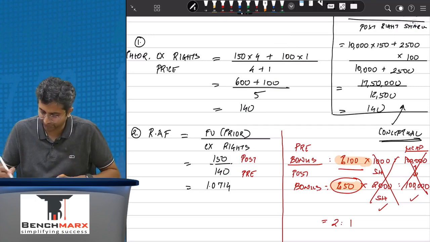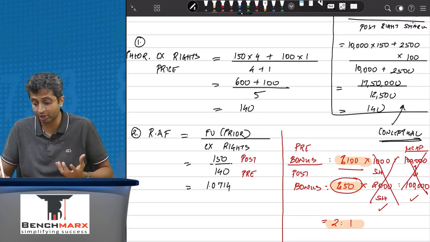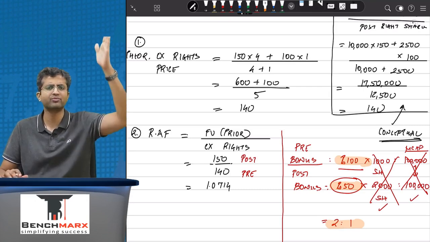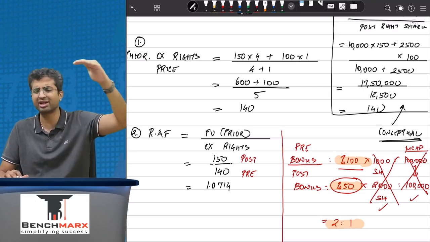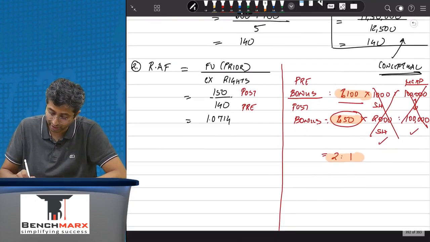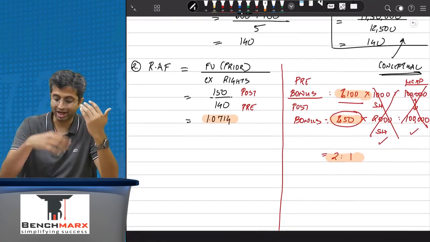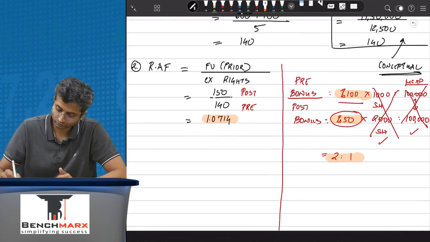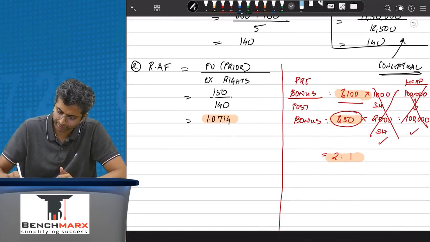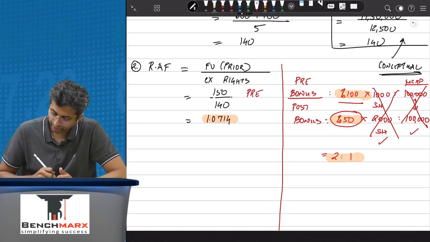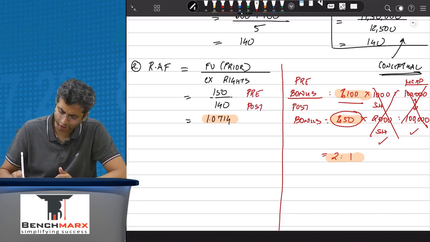So 100 and 50 के basis पे you can figure out that the bonus ratio में how do you calculate the bonus ratio? The pre-shares plus the bonus shares divided by the pre-shares, like we did. In a similar way, what we are doing is, if your share price prior to, let us say this was pre, if your share price prior was 150, then share price later should also be 150.